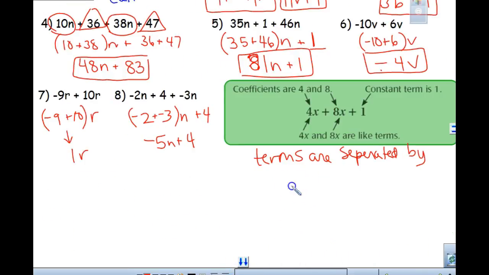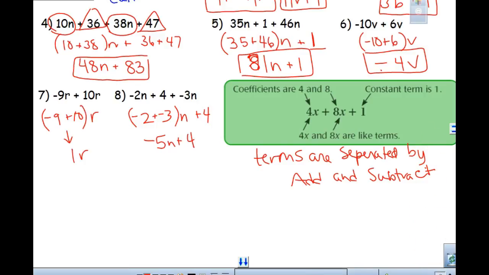Terms are always separated by addition and subtraction. So if I have 1 addition or 1 subtraction sign, what I am looking at is 2 terms. If I look at the original problem here, I had 3 addition signs. That tells me I have 4 terms in the original problem. Okay? So terms are separated by addition and subtraction.